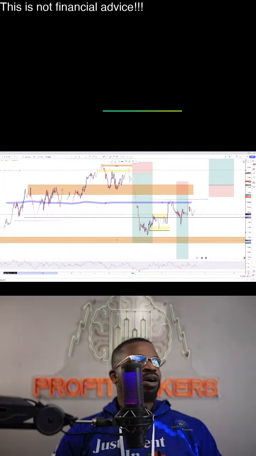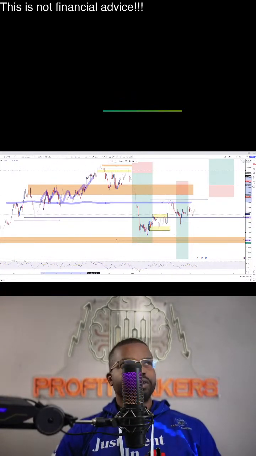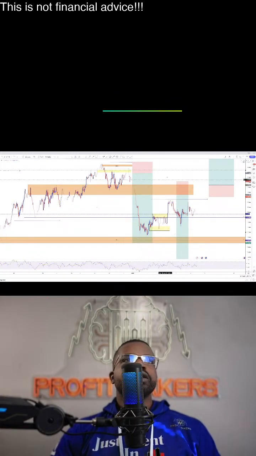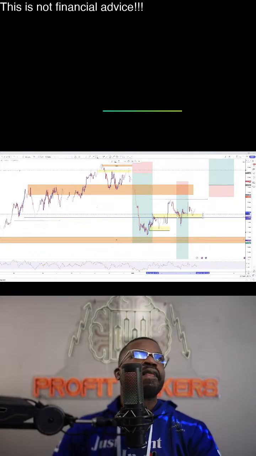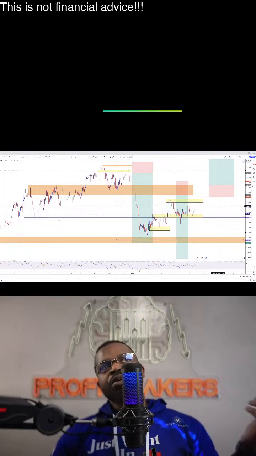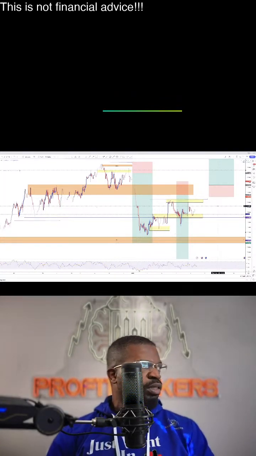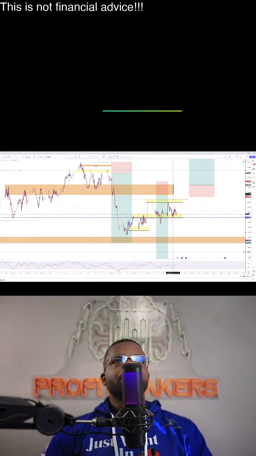You want to find levels in the market where price struggled to break above when it was beneath it, and once it broke above it, it used it as support. So that's a really important key level. So pretty much price is like climbing stairs. Now, real simple.